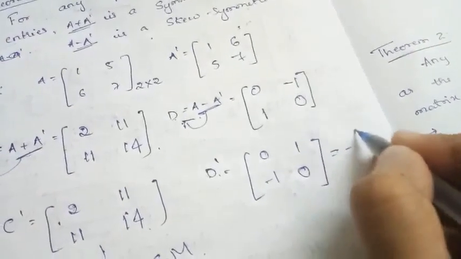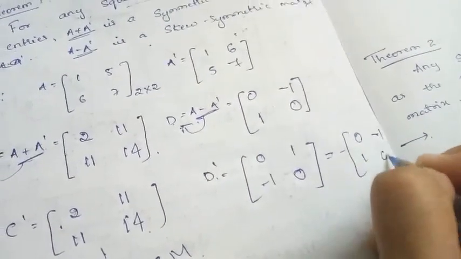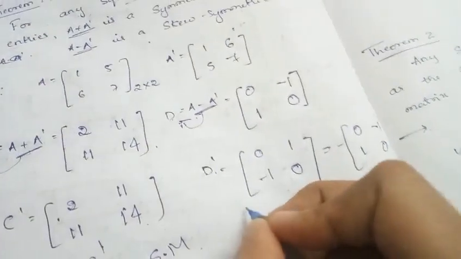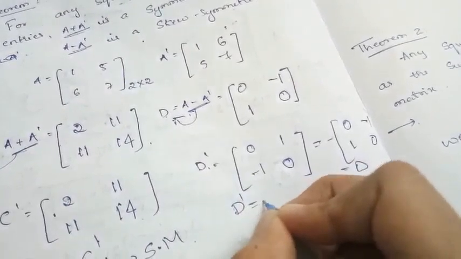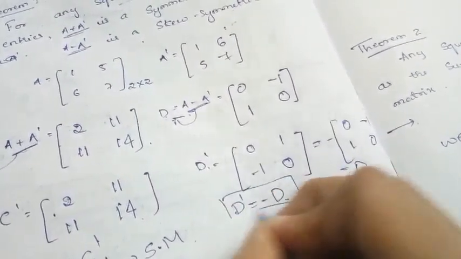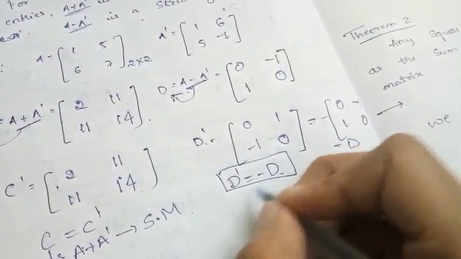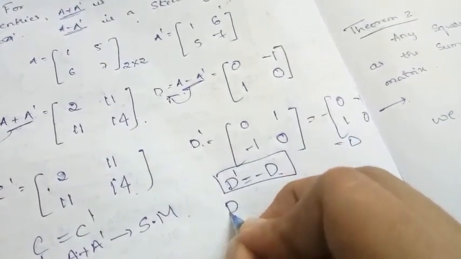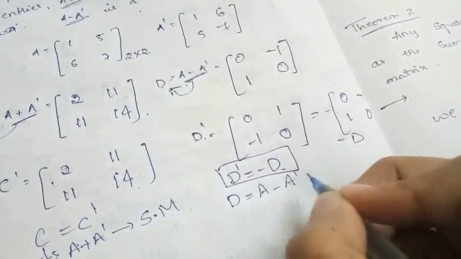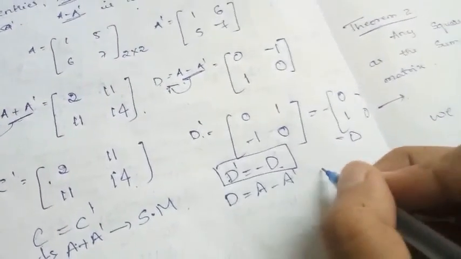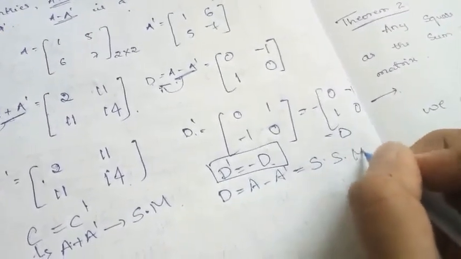So if I take minus outside, it becomes 0, minus 1, 1, 0, which is nothing but our D. So D transpose is equal to minus D. You can see here D transpose is equal to minus D. This says that when D transpose is equal to minus D, our D is a skew symmetric matrix. What is D here? D is nothing but A minus A transpose. So A minus A transpose is our skew symmetric matrix.